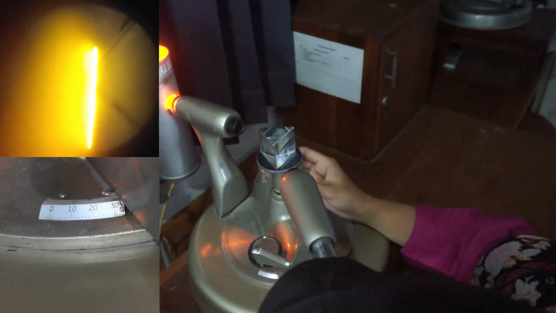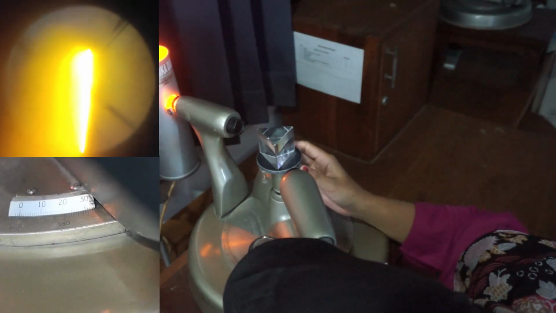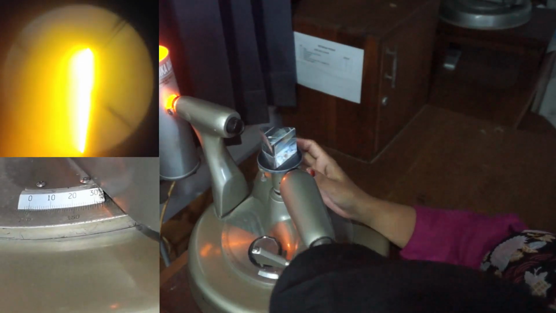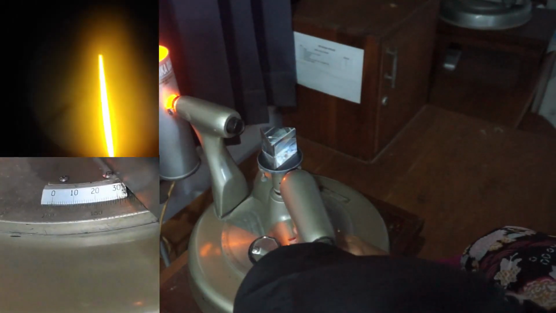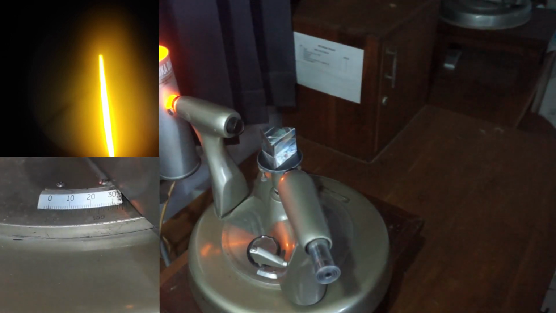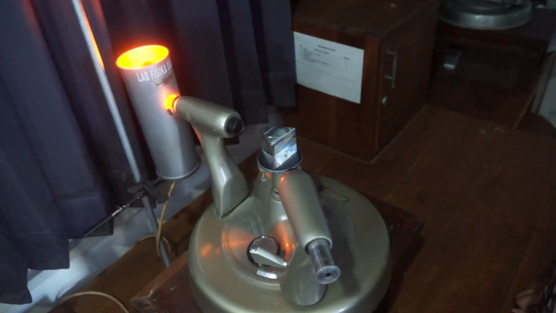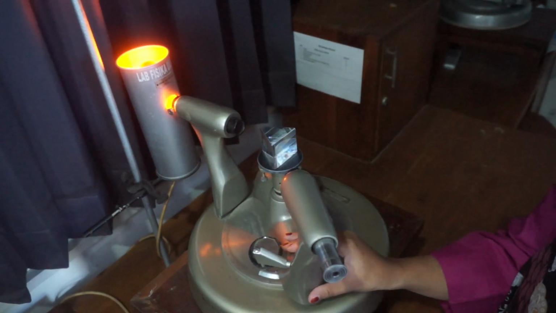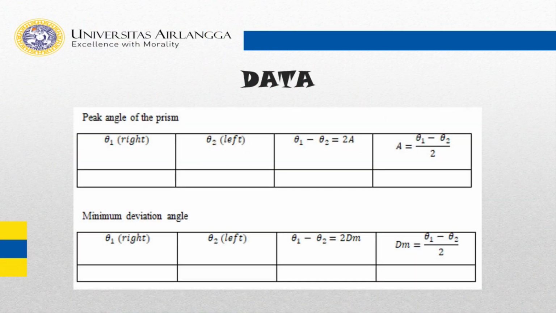Note the angles theta 1 and theta 2 for both positions of the telescope, to the right and the left of the straight direction where the light is coming from. For each of these positions, the deviation is minimum, and you have to do it for the right position also, and take a look at the difference between them. Okay, here is the data.